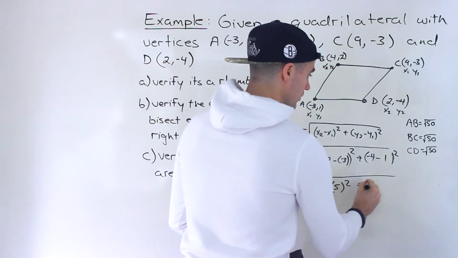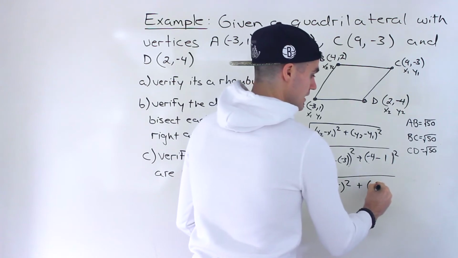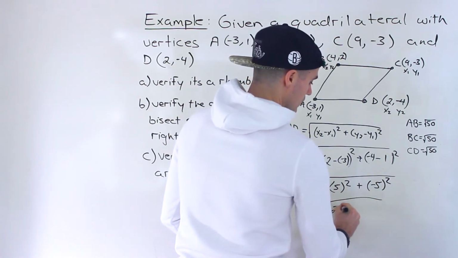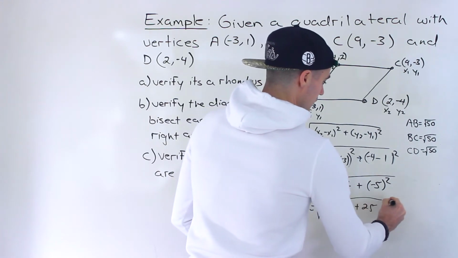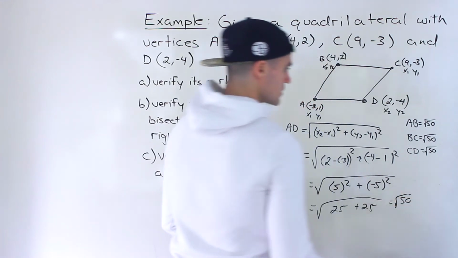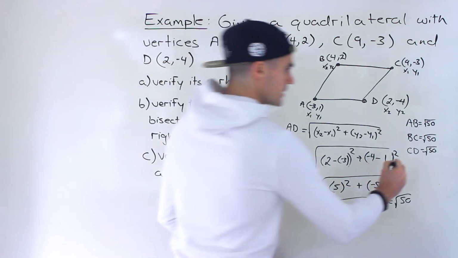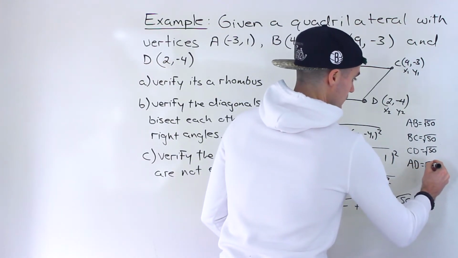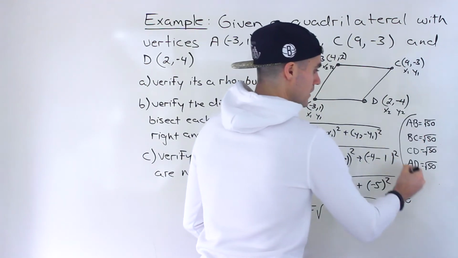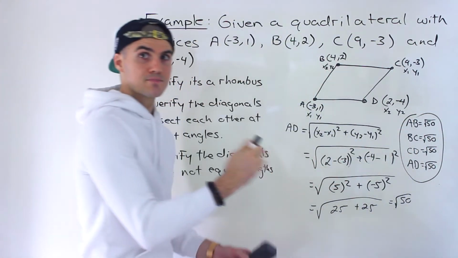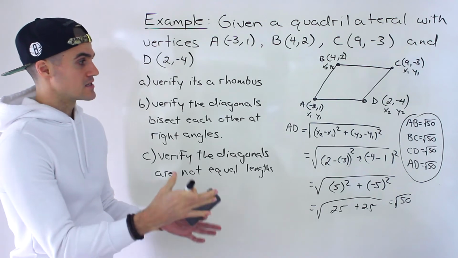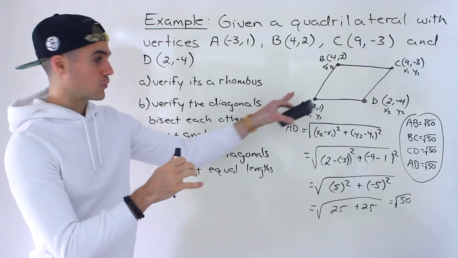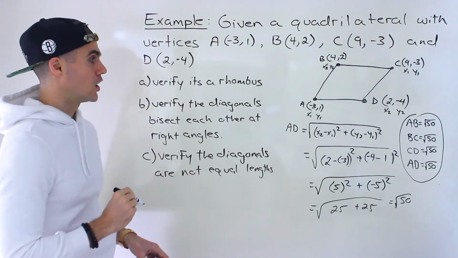That's going to be squared, plus -4 minus 1 is -5. That's going to be squared, which would give us 25, plus 25, which would give us root 50. All right, so the side AD is root 50 as well. And so notice that we got all four sides being equal lengths. And so that's enough to verify that the quadrilateral that we're working with is indeed a rhombus.